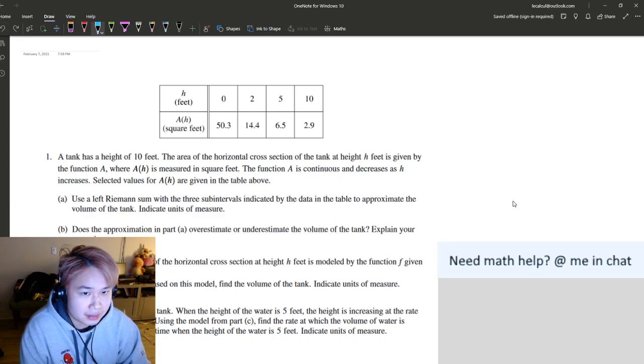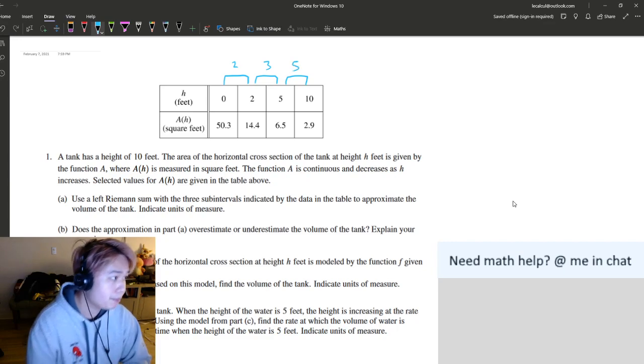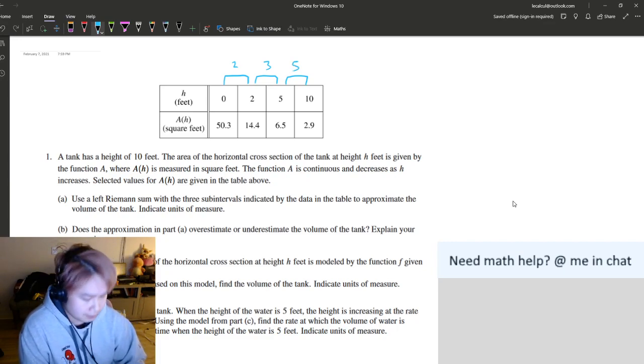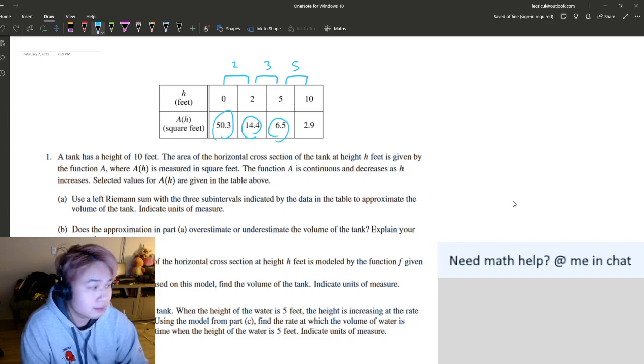The first interval, from 0 to 2, is 2. Then 2 to 5 is 3, and 5 to 10 is 5. And then we'll be using the leftmost values for each interval. So here's the first interval, the second, and then the third.